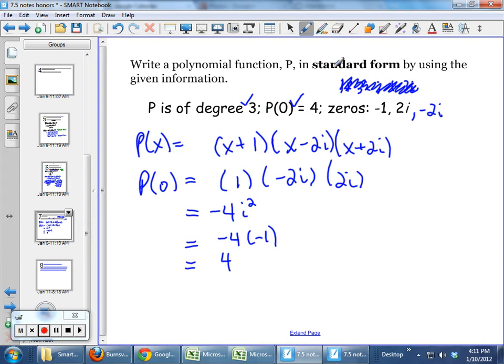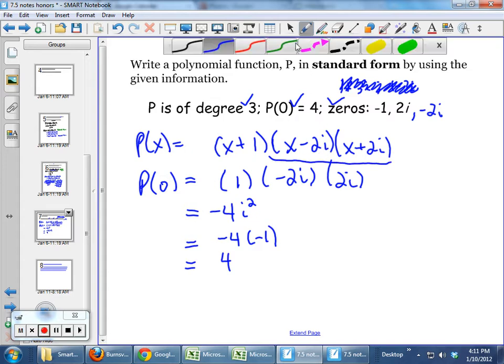Now all we have to do is write it in standard form. We got the zeros, we got the degree 3, we got the P of 0 equals 4. So now we just have to FOIL this out and write it in standard form. Whenever you have complex conjugate factors, you want to multiply those together first. They're going to cancel out nicely. So I'll do that in red at the bottom here.